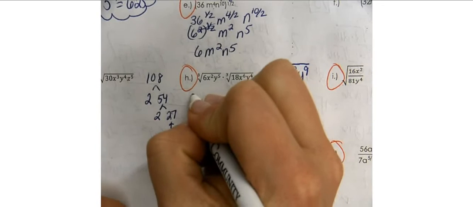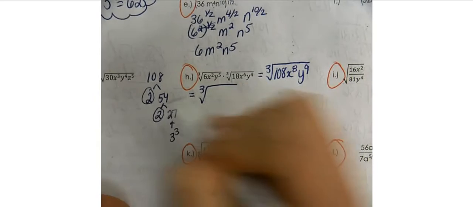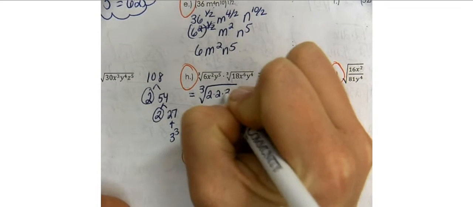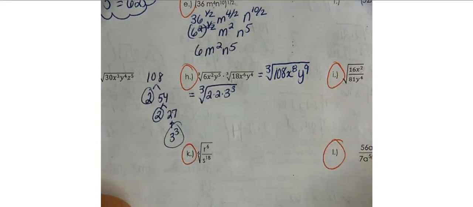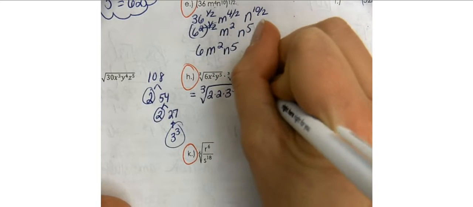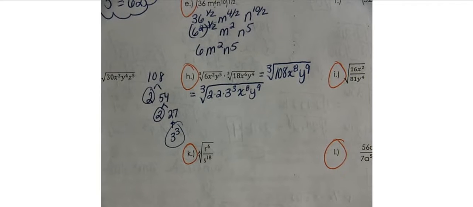So I'm going to rewrite this as the cube root of 2 times 2 times 3 to the 3rd power. And then I have x to the 8th and y to the 9th. Anytime I have a grouping of 3, or anything to the 3rd power, I can eliminate it.